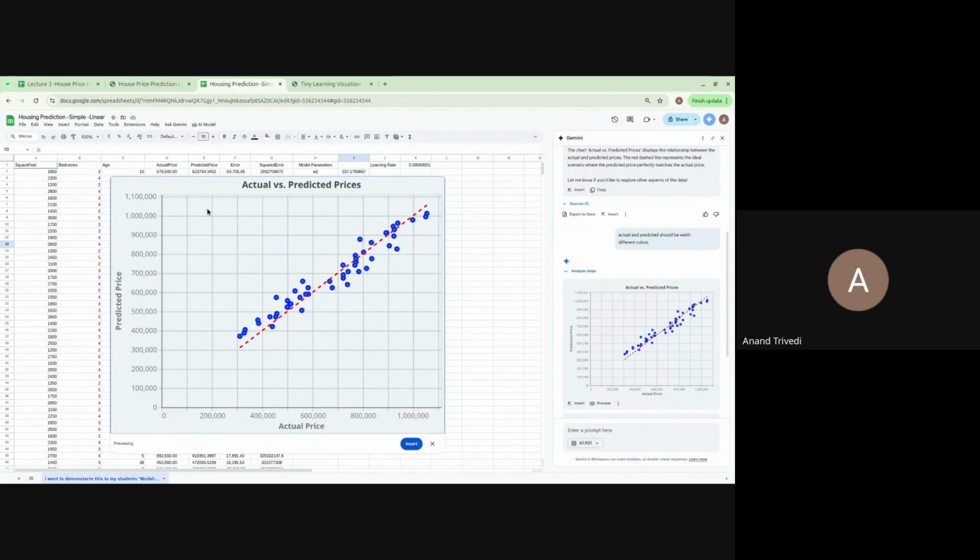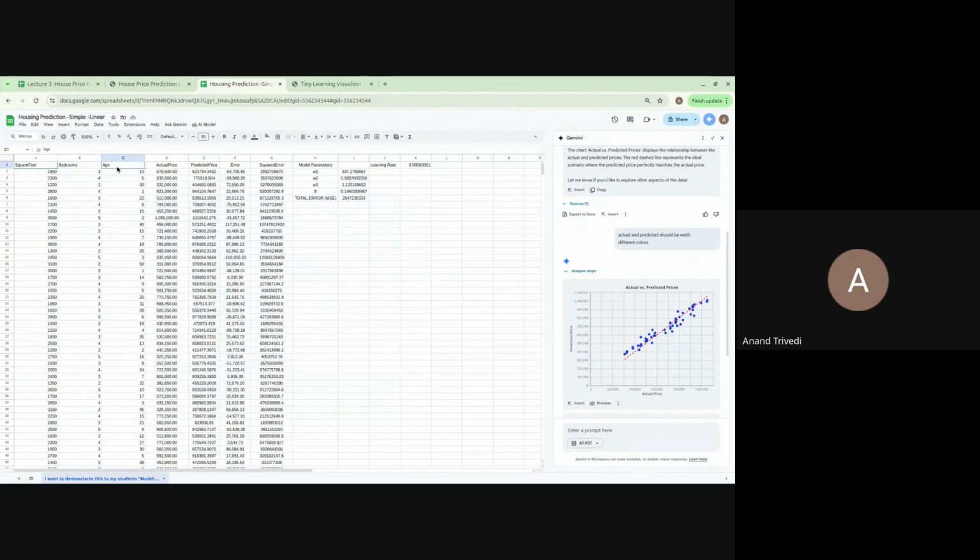So if we try to predict the house prices using these simple features like bedrooms, age, and all of these things, with a very simple formula, no GPUs involved, nothing involved, we will be able to make a somewhat close prediction.